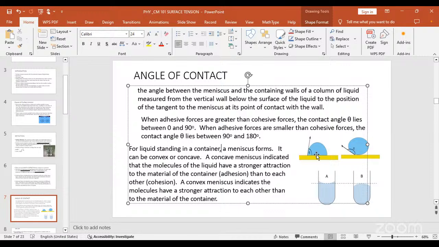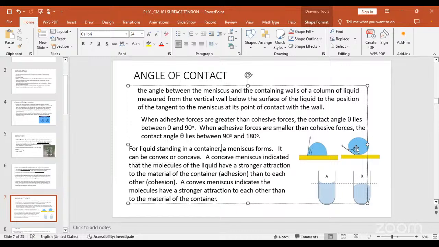So in the first instance, the angle is between 0 and 90, and here the adhesive forces are greater than cohesive forces.